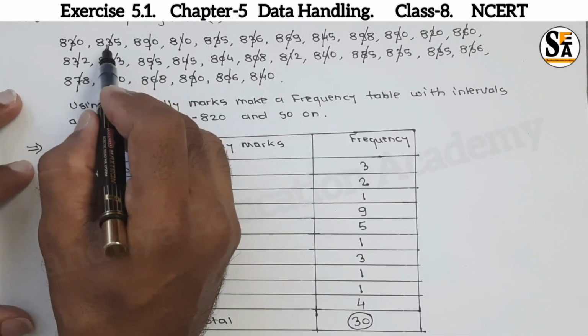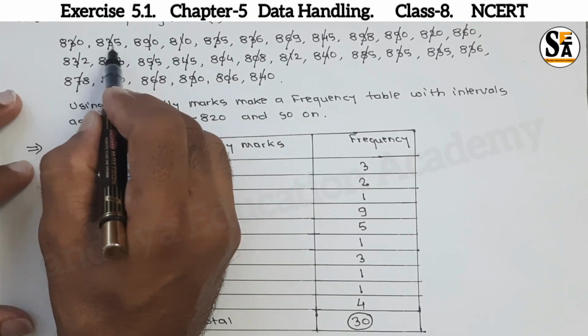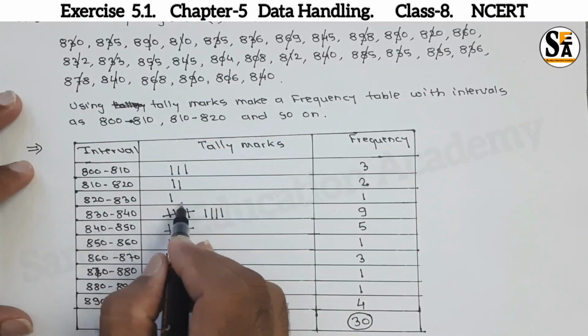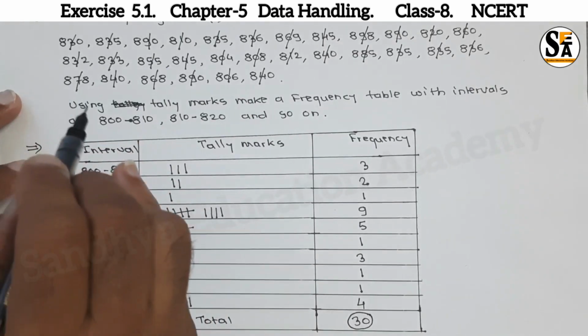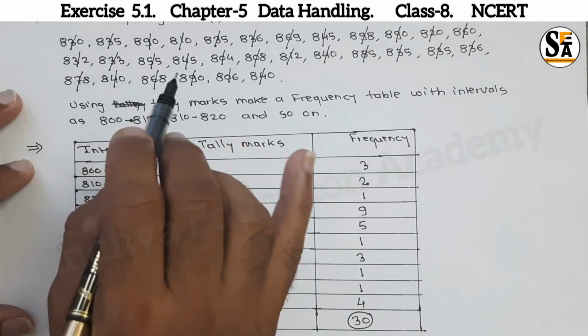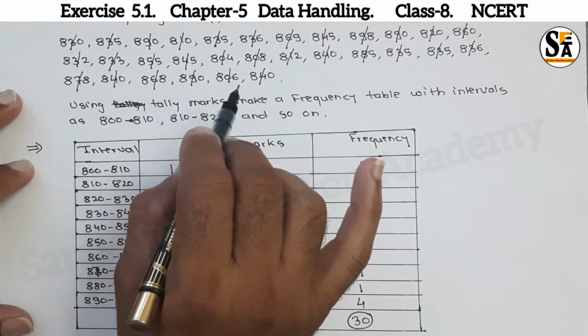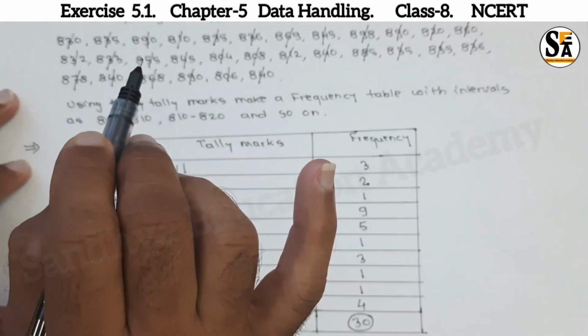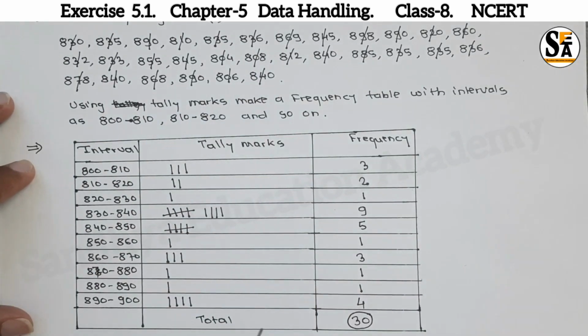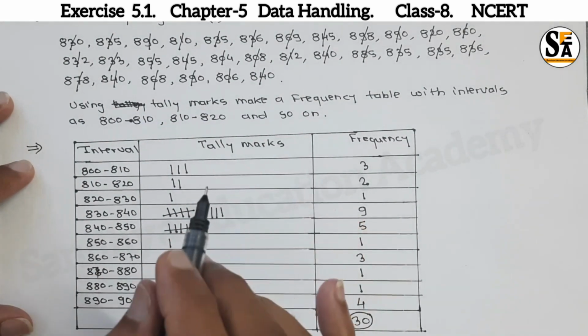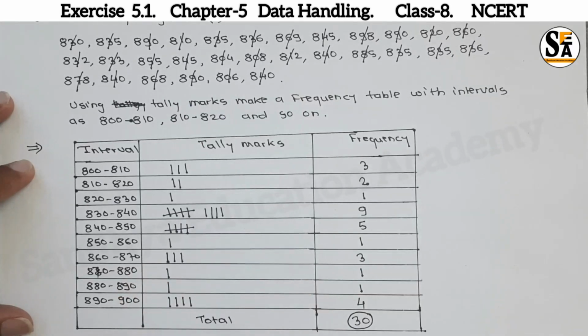First strike this number, then make the entry in the class interval. If you follow this procedure, then there is no chance of any mistake. So be careful while marking the tally marks. It seems to be very simple, but your concentration is required.